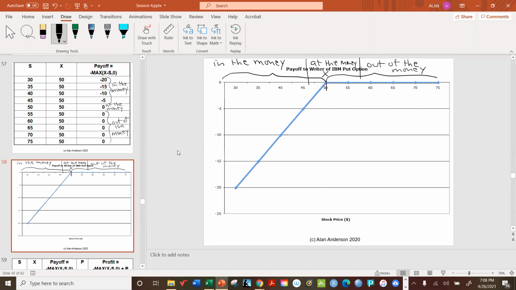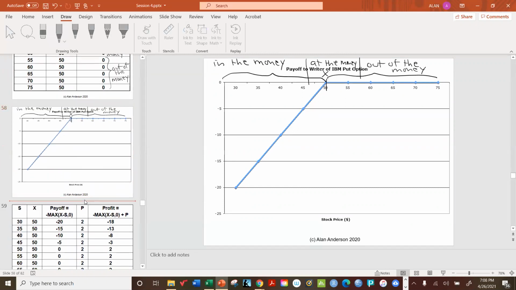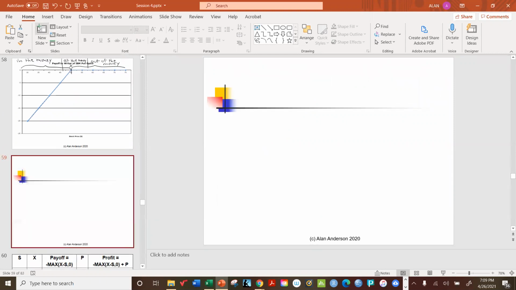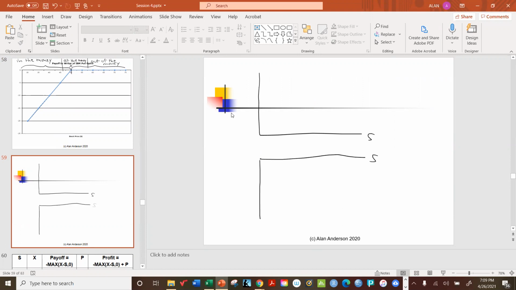All right, so what I'm going to do is what I did before, just to remind you what the long put position or the buyer's position looked like, so you can see the symmetry. Once again, we note that this is the 0 axis here.